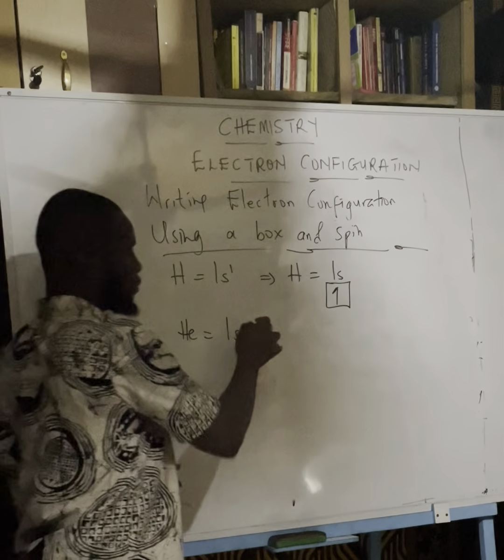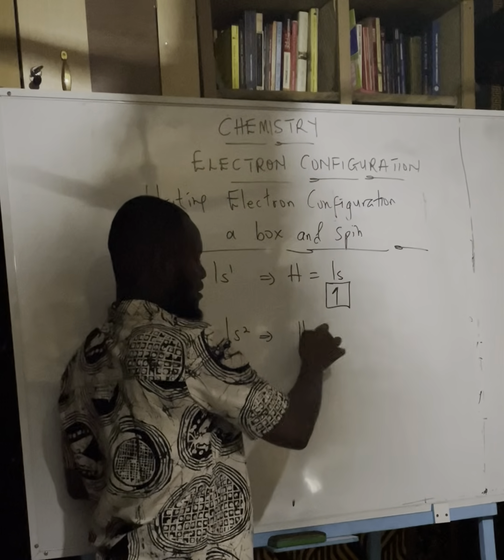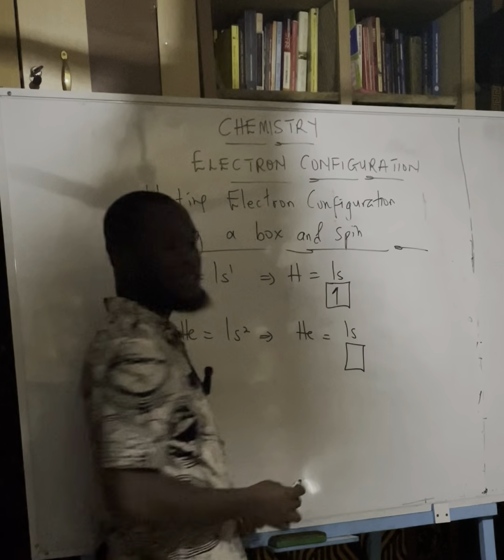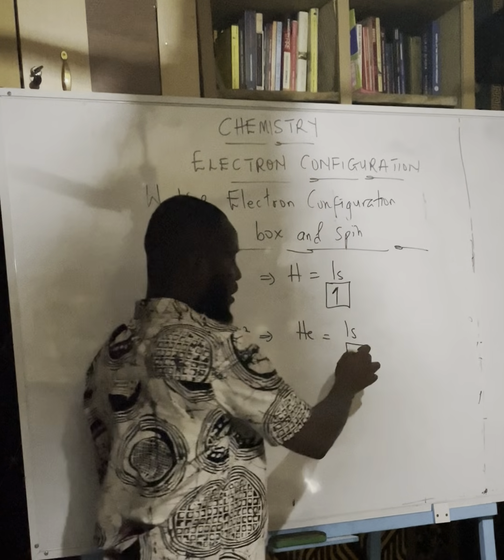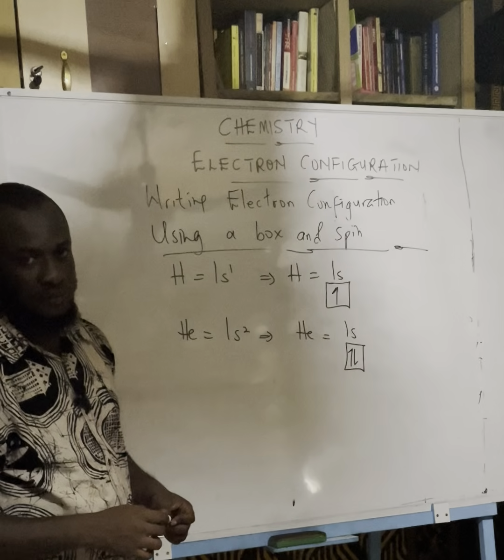So now let's go to helium. Helium we are saying is 1s2. With the box and spin, helium will be written as He, 1s. So in our box, how many spins are we going to have? We're going to have 2. One spin facing up, one spin facing down.